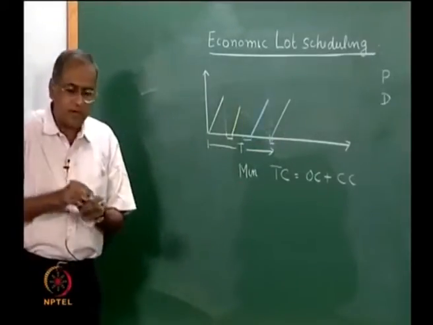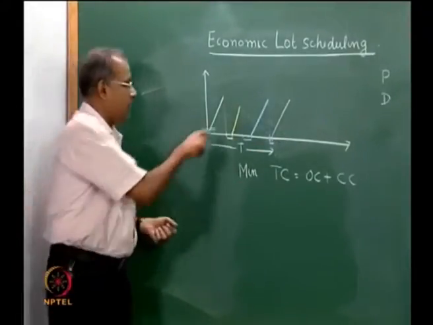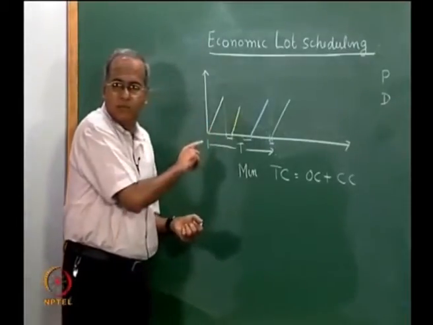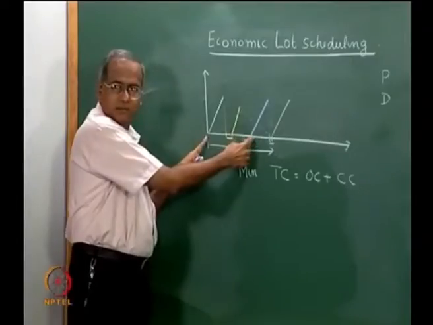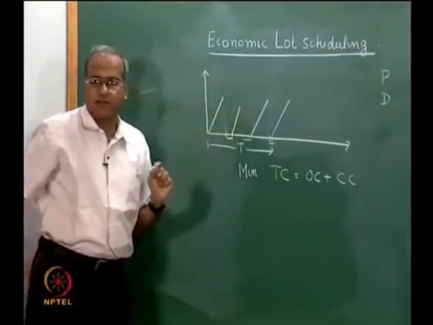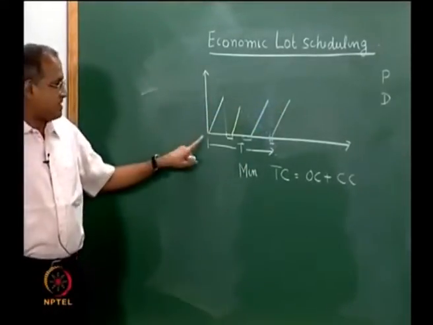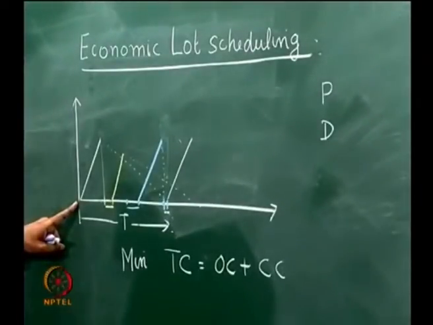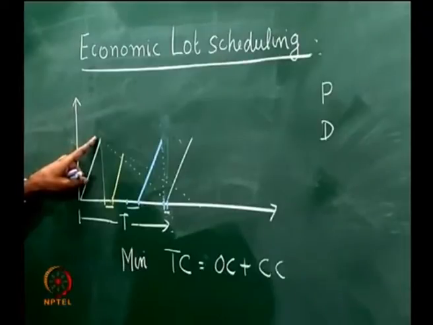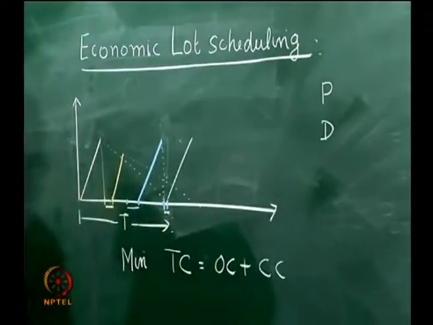Now, what am I doing to meet the demand of the yellow and blue for this period and for this period? In the same graph, if you see that I start producing when the inventory of white is 0, so I produce and consume. So, white is completely taken care of.